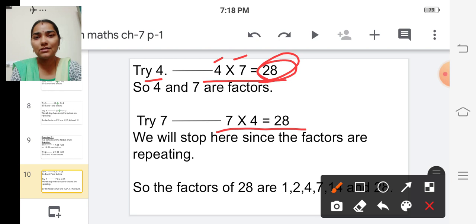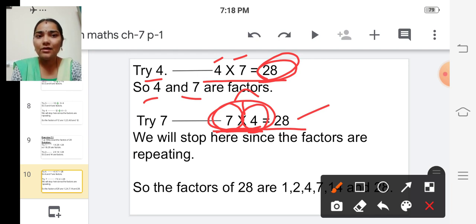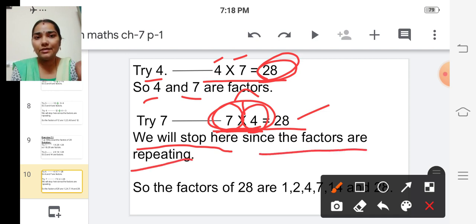But in the previous step itself we got 4 and 7 as factors. So the factors are repeating, isn't it? So we shall stop here since the factors are repeating.